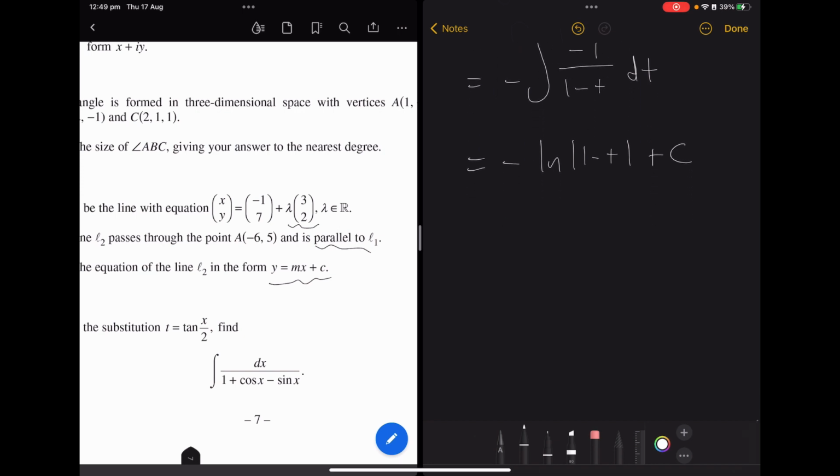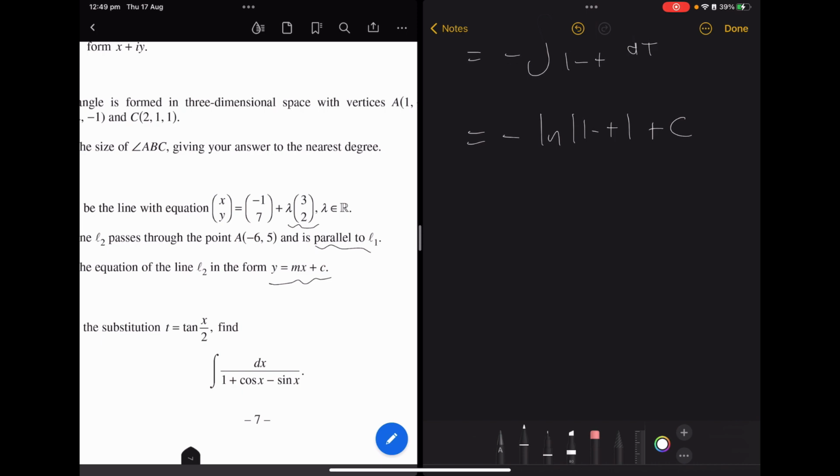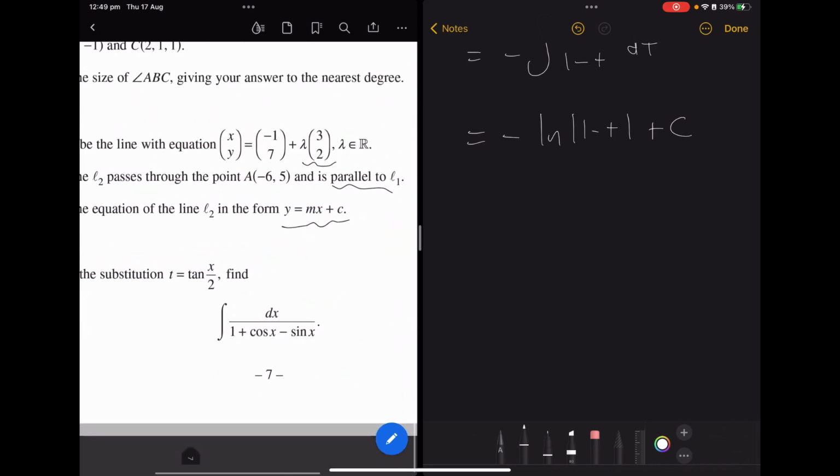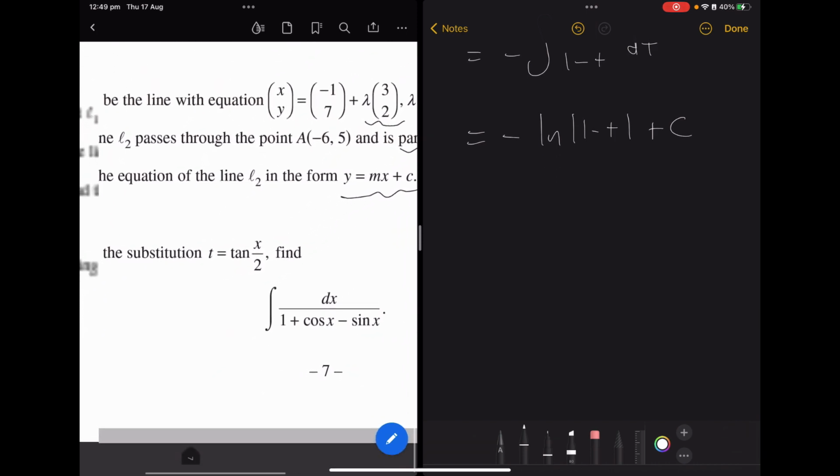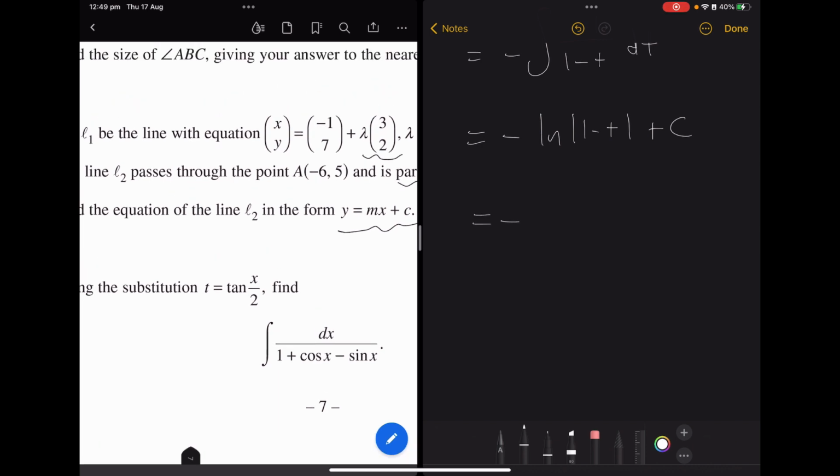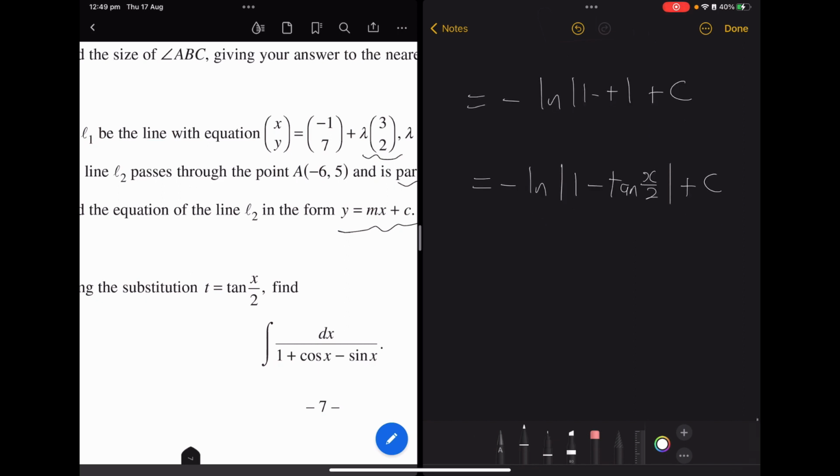And don't forget, this is one of the biggest things that happens in t-sub. We subbed in t, but the entire thing was meant to be in x. So we finally rewrite -ln|1 - tan(x/2)| + c. And that will be our answer for part F.